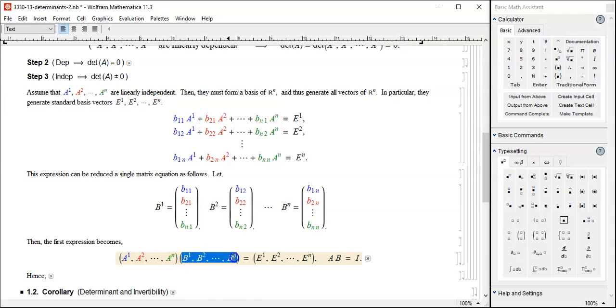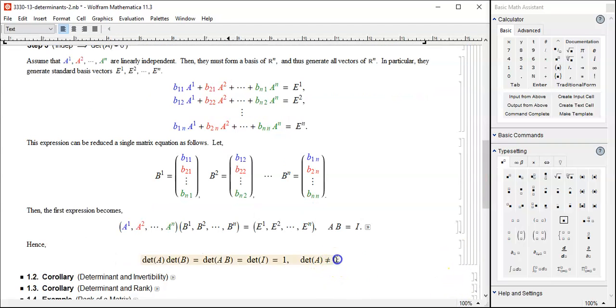How about the middle? That's a tricky part, but assume we did it. Assume somehow we got it done. Then we're going to end up with this matrix equation, A times B is equal to I. Now we are in business because we can use the multiplicative property of the determinant. Determinant of A times determinant of B is equal to determinant of AB.